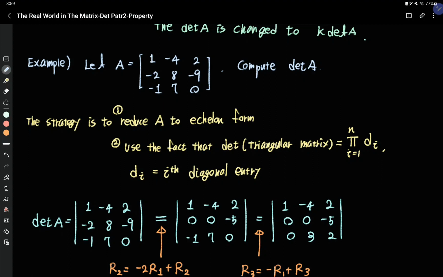In the last lecture video, part 1, we learned that the determinant of a triangular matrix is the product of the main diagonal entries, right? So to use that, I'm gonna reduce the matrix A to echelon form.